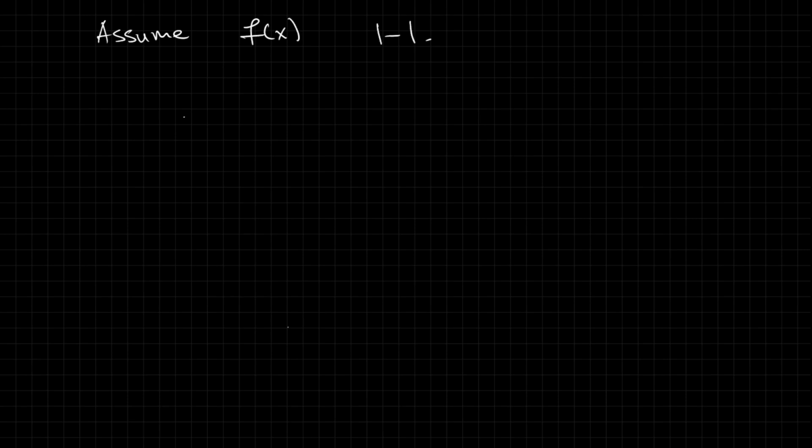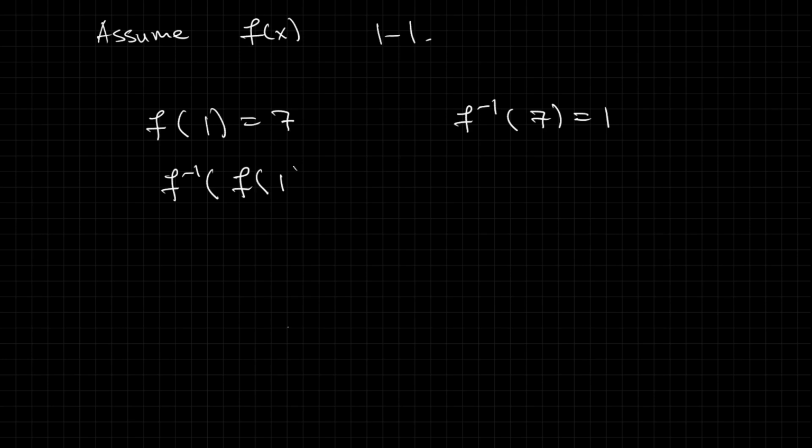So for example, if you had something like f of 1 equals 7, then what that would mean about the inverse is f inverse of 7 is equal to 1. Let's take a look at what happens when you compose the inverse and the original function. So if I do f inverse of f of 1, remember what this means is we evaluate the inside first.